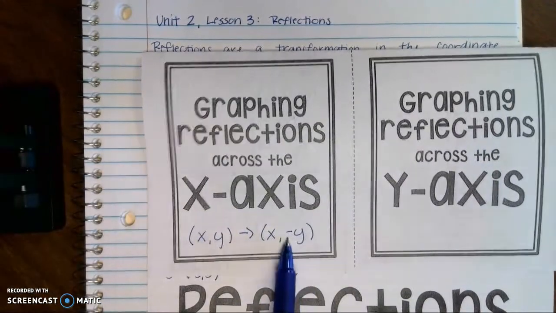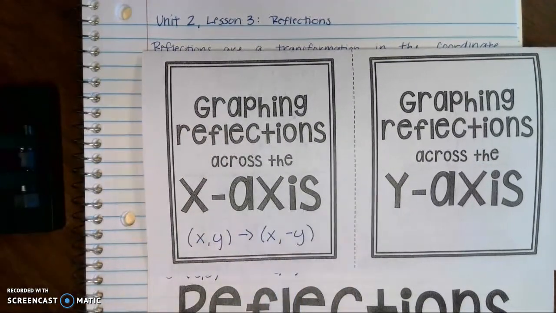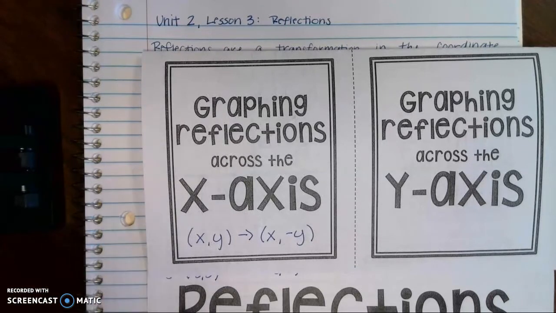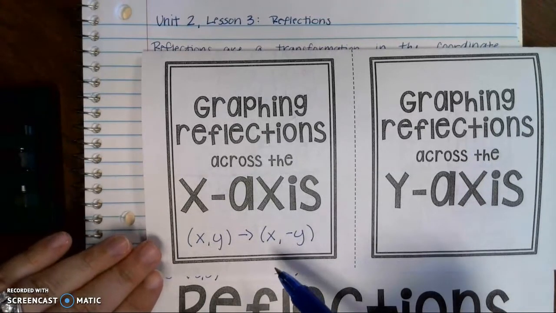Although there's a negative sign in front, don't forget that I'm doing the opposite of what my original y was. If my y was originally a -5, the opposite of a -5 would be a +5. So I'm still doing the opposite no matter how it started. That's my rule for the x-axis.